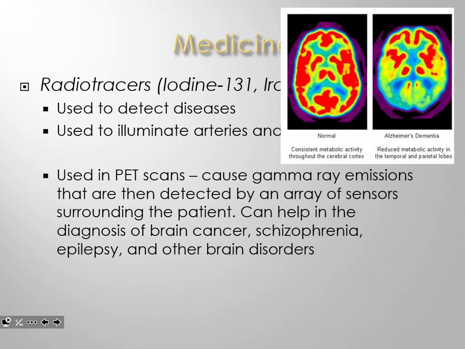Up here, this nice picture shows a normal brain on the left and an Alzheimer's dementia brain on the right, and they obviously have different appearances in the coloring pattern. Then, of course, the doctor can order more tests if they need to explore some areas, or they go with that diagnosis. So medicine is good, and uses lots of nuclear in hospitals.